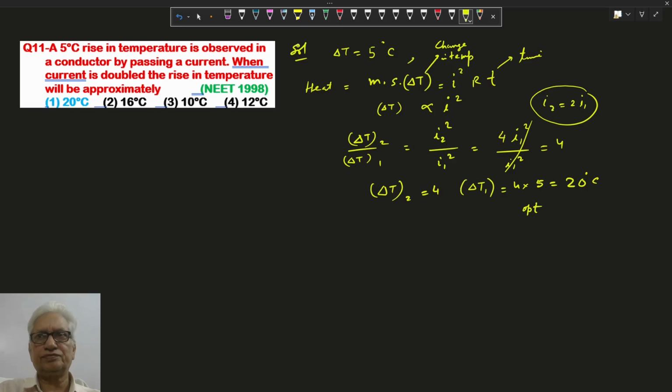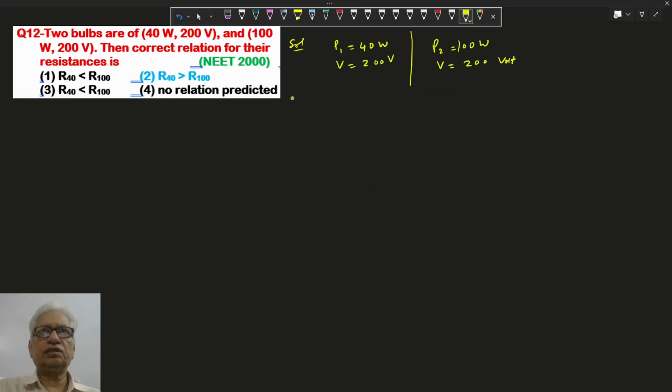Next option, in this question there are two bulbs. One is 40 watt 200 volts, and the second is 100 watt and the same voltage. So what is the relation? The resistance for the first bulb is V square upon P1, means 200 into 200 divided by 40. In the second case, resistance will be V square upon power, 200 into 200 divided by 100.